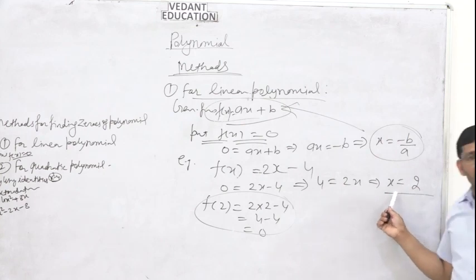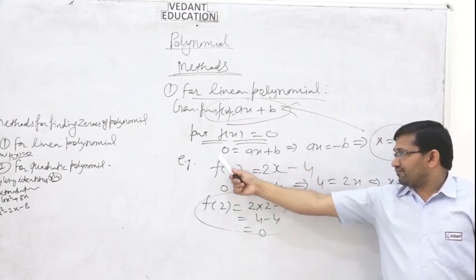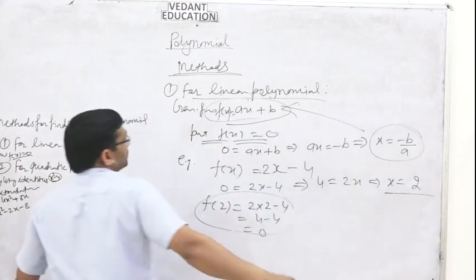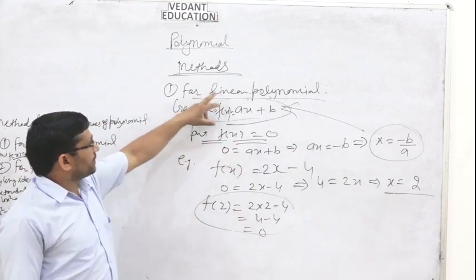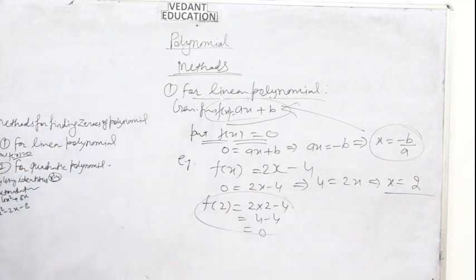So x is equal to 2 is the zero of the polynomial f(x) is equal to 2x minus 4. So we use this method for finding zeros of any linear polynomial.